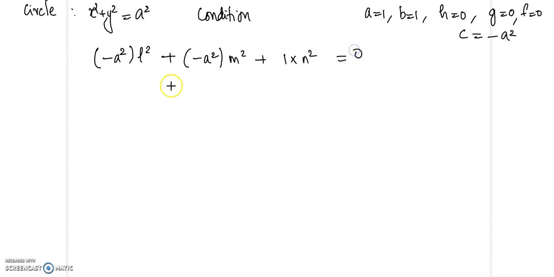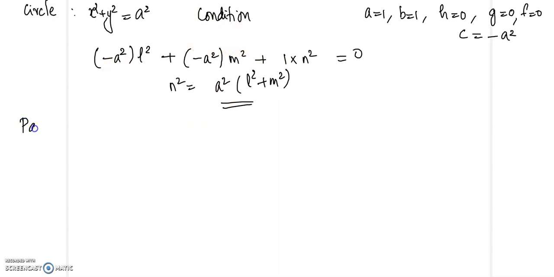So this will be the condition: N square equal to a square into L square plus M square. So that will be the condition satisfied if the line is touching the circle.